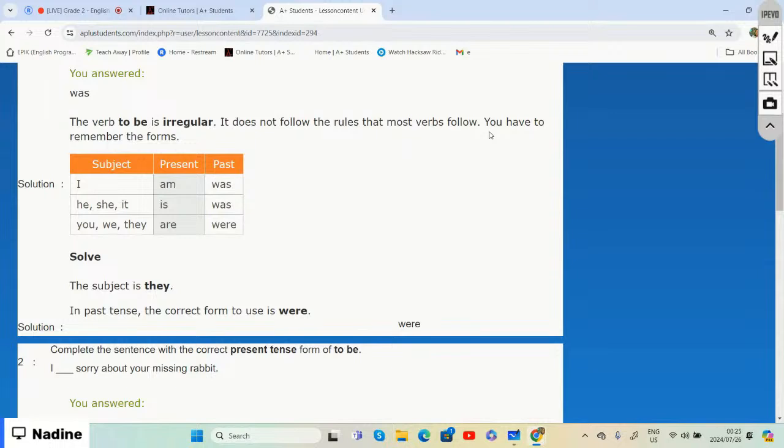It's an irregular verb, and it does not follow any rules that most of the verbs follow. You're just going to have to remember it. For example, I am, or in the past, I was. He or she is, and in the past, it was, she was, he was.